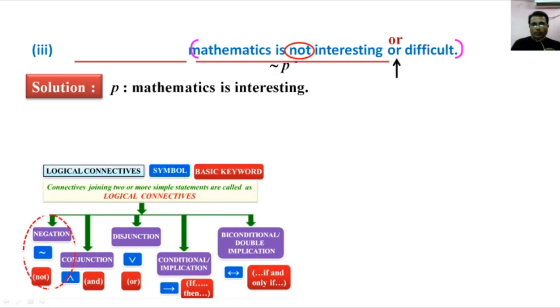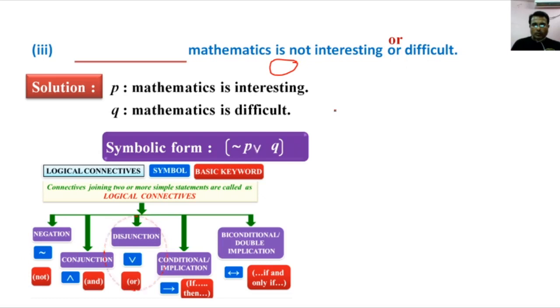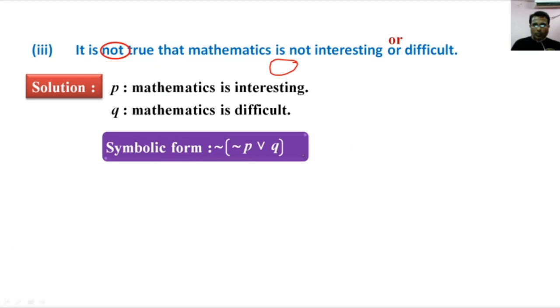Therefore the first part is written as negation P. Then the second part is mathematics is difficult, that is statement Q, and therefore the symbolic form is negation P or Q, with disjunction. And since it is not true, that is also at the beginning, one more not is there, and this not gives you a negation, and therefore you have the symbolic form negation of (negation P or Q).